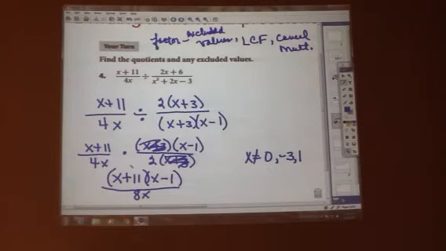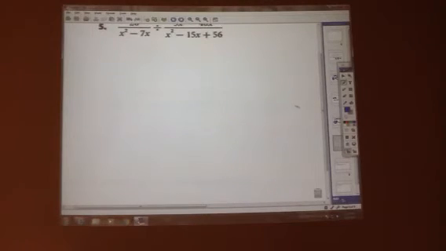Do you want us to keep the x plus 11, x minus 1? Yes. We're going to leave it. Later on, you'll find out that sometimes you can factor it again and all that, but that's later on.